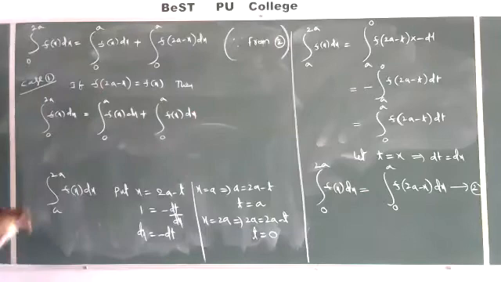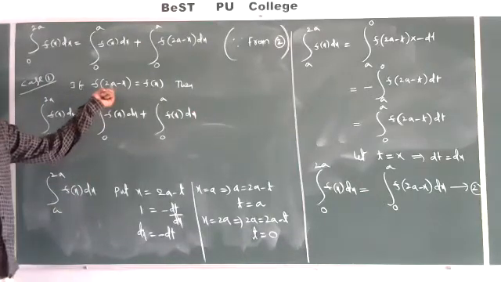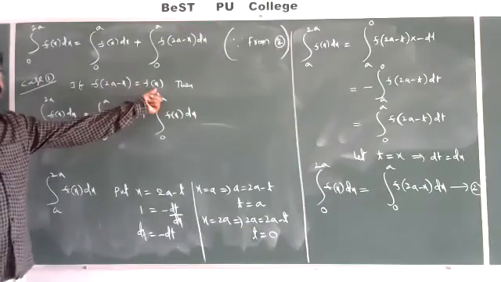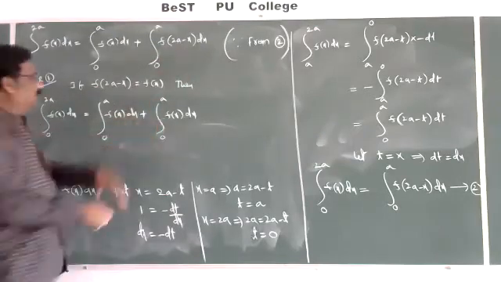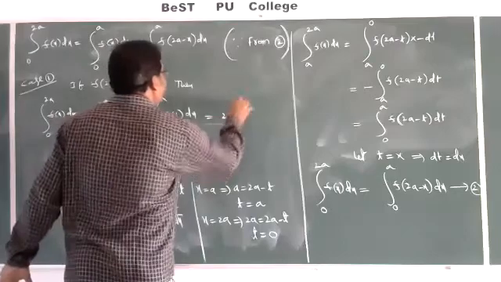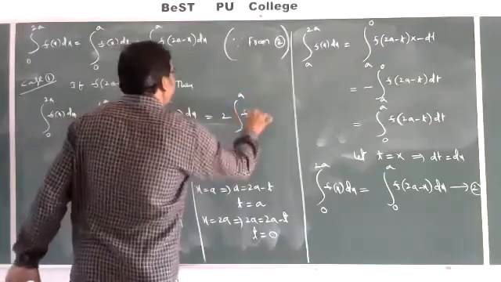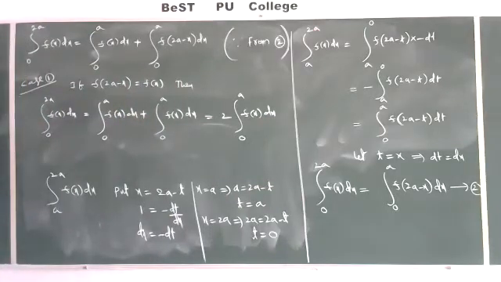You understood? If f of 2a minus x is equal to f of x, then you get the same, that is equal to 2 into integral 0 to a f of x dx. In the statement, the first case is proved.